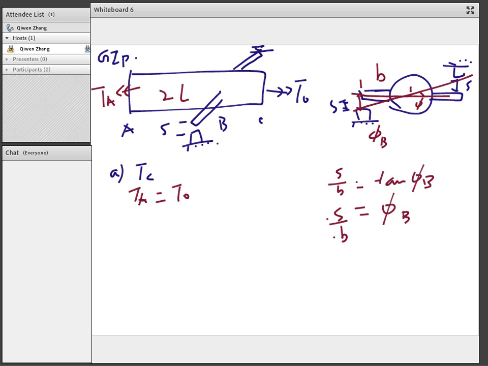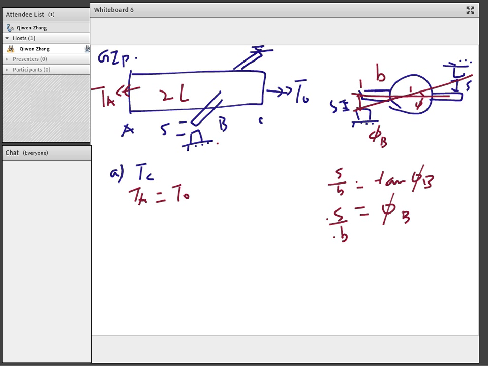So with that, we find out TA is equal to TAB is equal to GIPS over 2BL. Looking at this expression, the value of TA will not change no matter how you change T0, which means no matter how hard you twist the rod, the section AB will not have any changes.